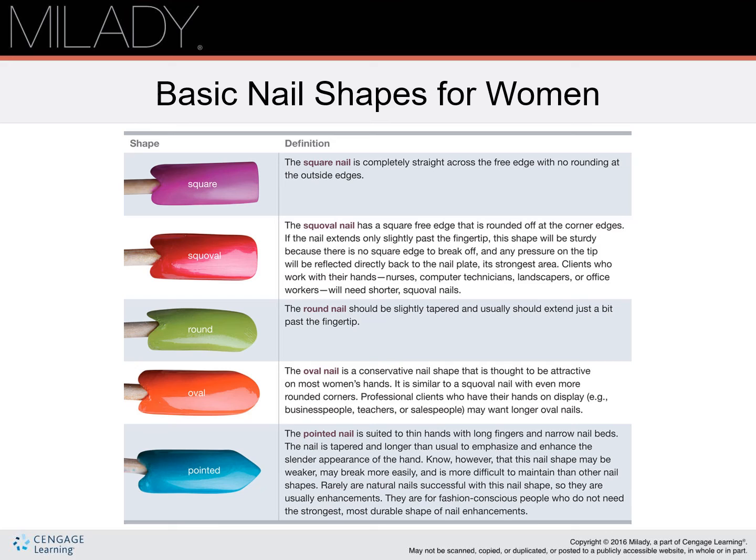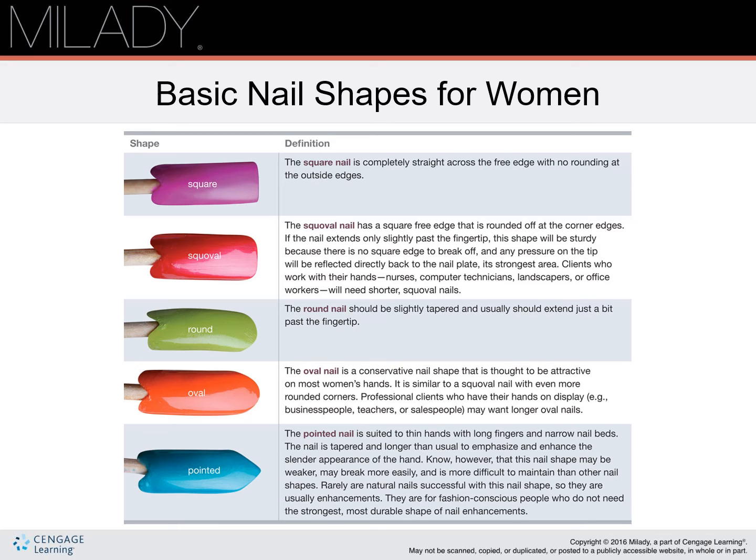It extends slightly past the fingertip. Round should be slightly tapered and usually should extend just a bit past the fingertip. This is the most common for males. Oval. The oval nail is a very conservative nail shape that is thought to be attractive on most women's hands.